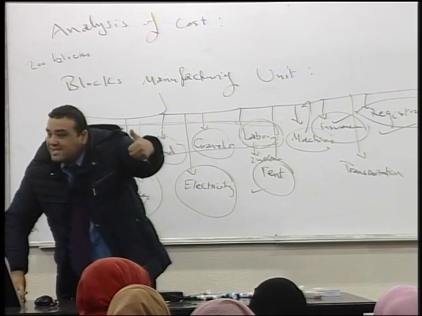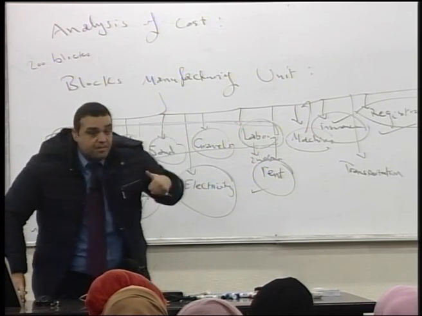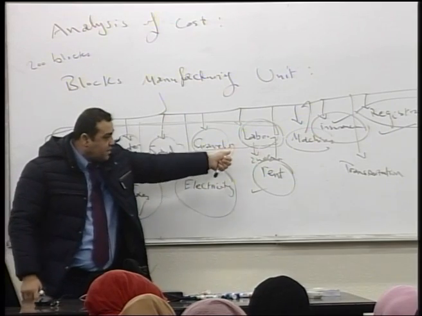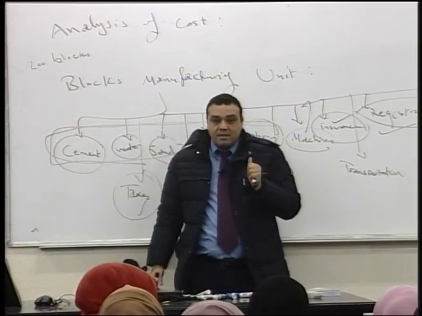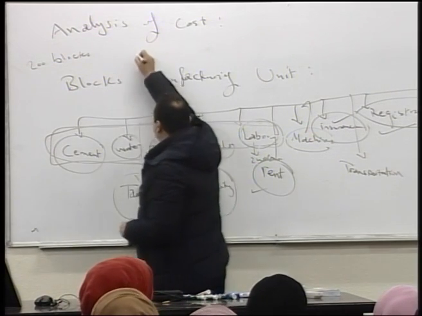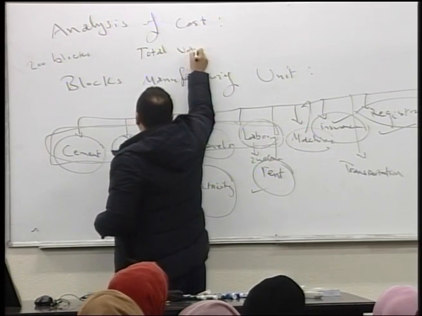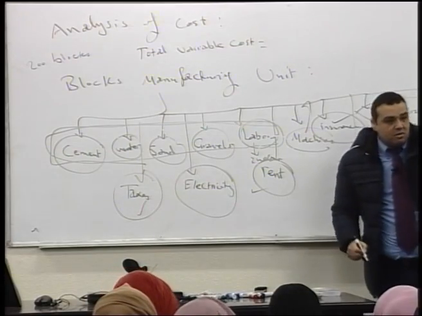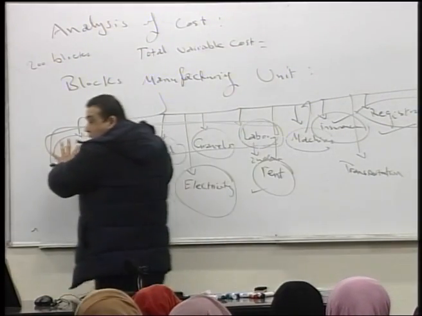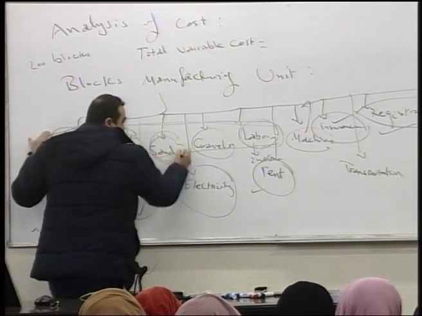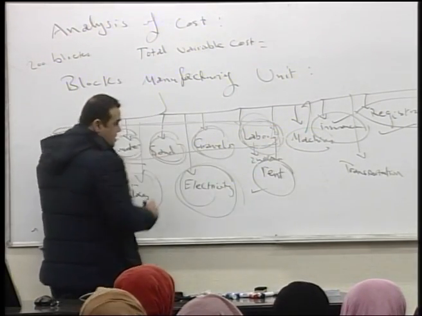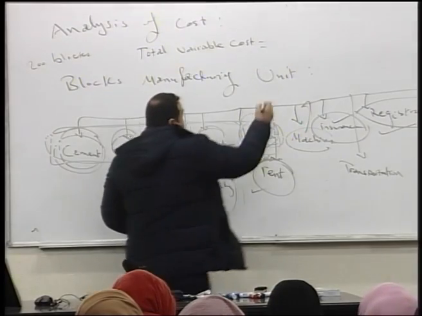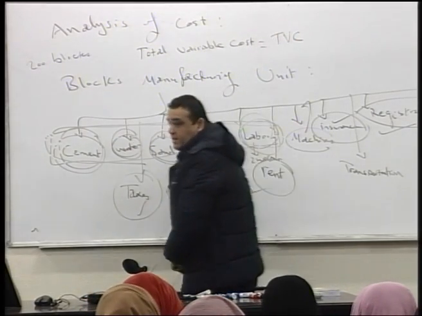Total variable cost, TVC, is the summation of the cost of cement, water, sand, gravels, human resources, wages and salaries, and electricity in this example.